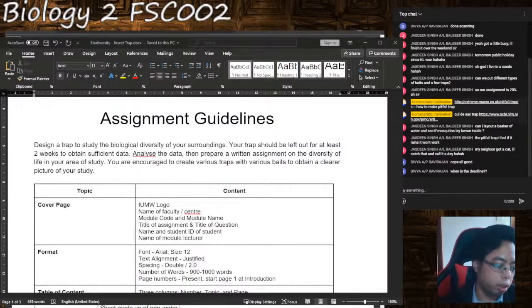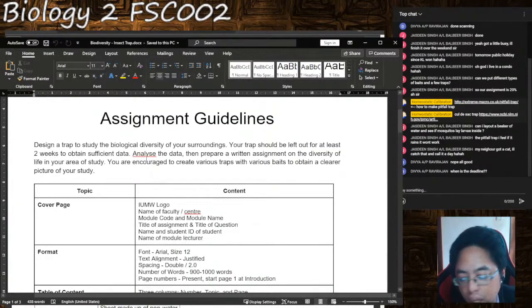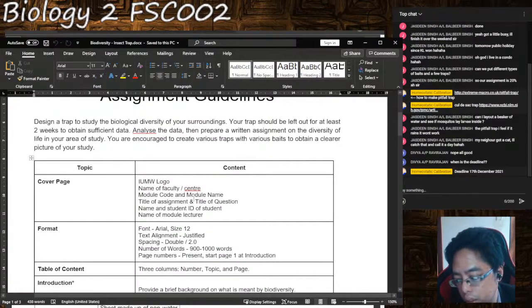I think I put the deadline as the 17th. Right, the deadline is the 17th of December 2021. So you'll have two weeks to catch the organisms.